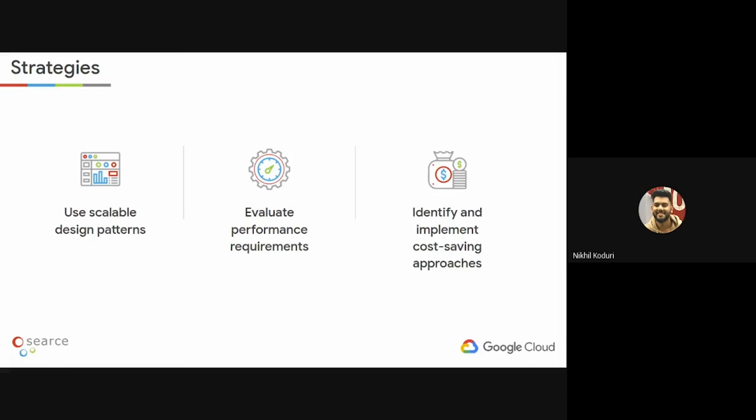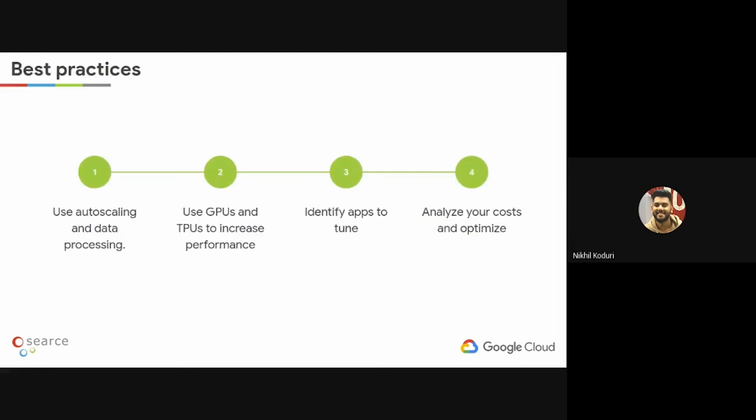You have to evaluate what kind of requirements your specific application has and try to cater to those, and identify and implement cost-saving approaches. That does not mean I am giving up or degrading the performance of the application, but improving the performance and yet trying to have a cost-saving approach.